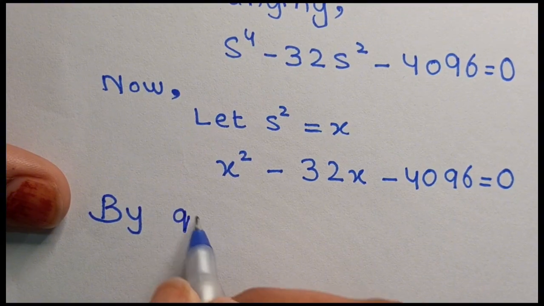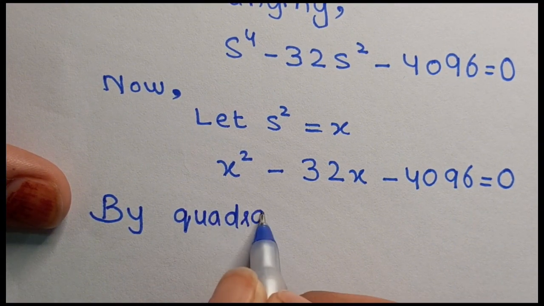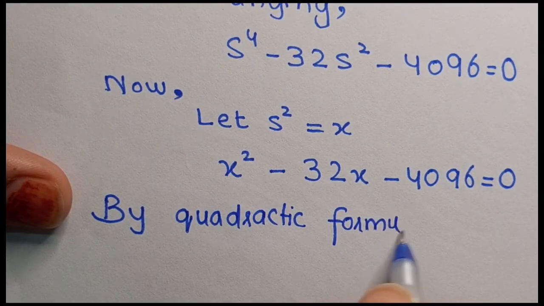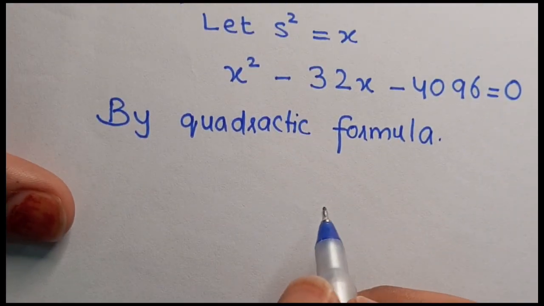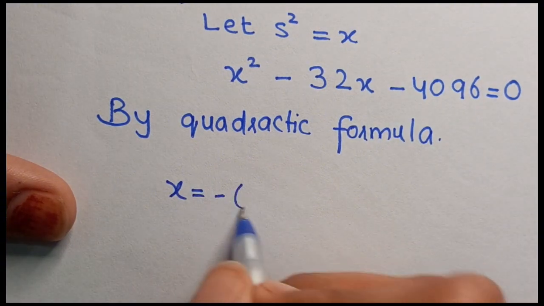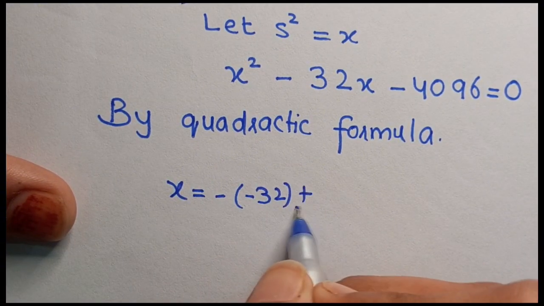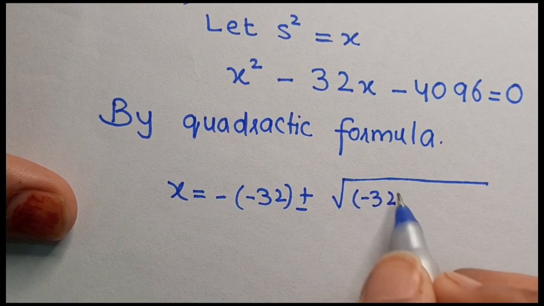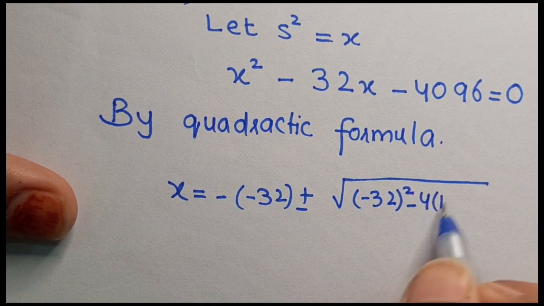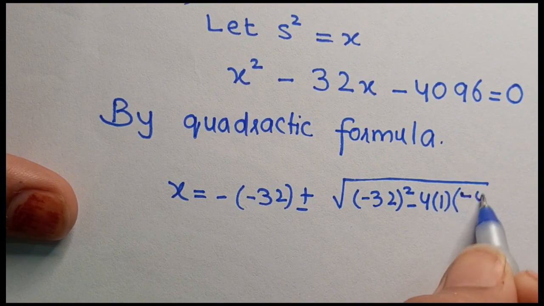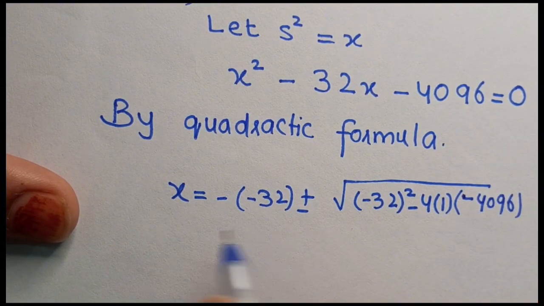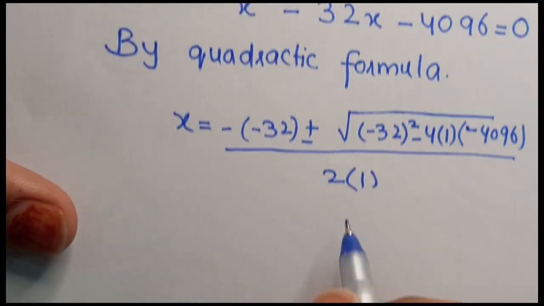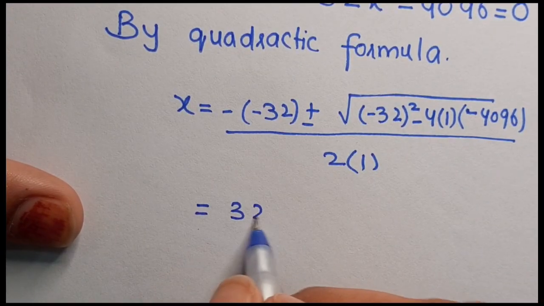By using the quadratic formula, x is equal to minus b plus and minus under root b square minus 4ac over 2a. Putting the values, minus minus 32 plus and minus under root minus 32 whole square minus 4 into 1 into minus 4096 over 2 into 1.